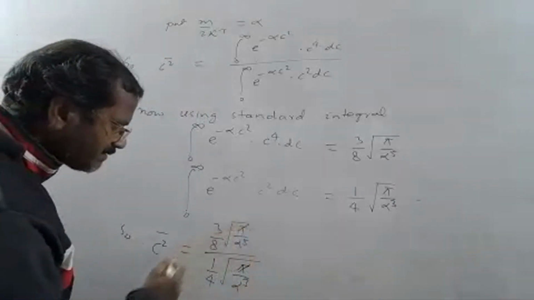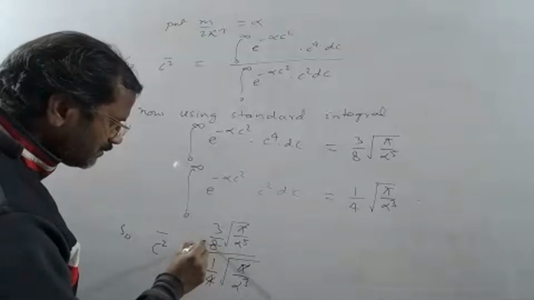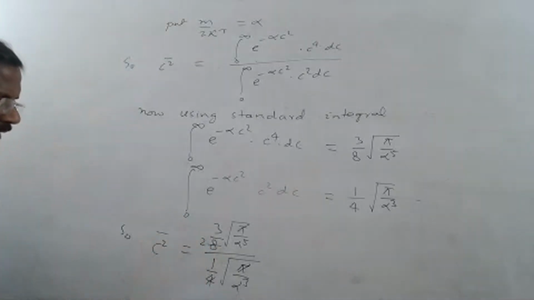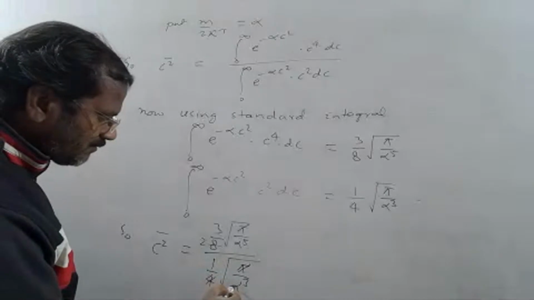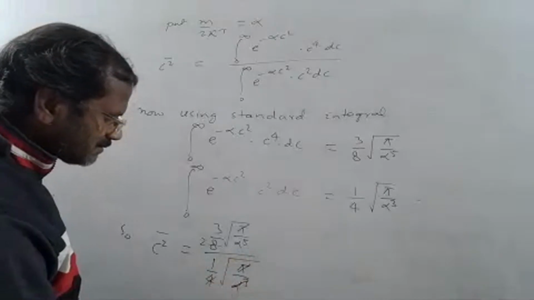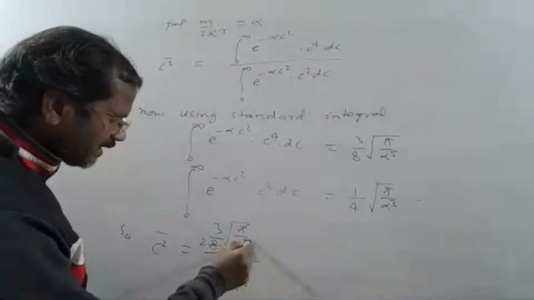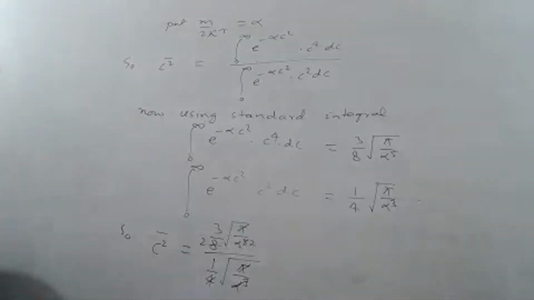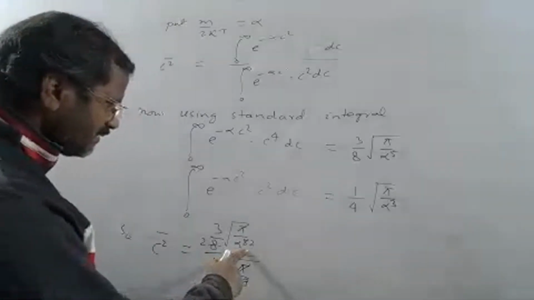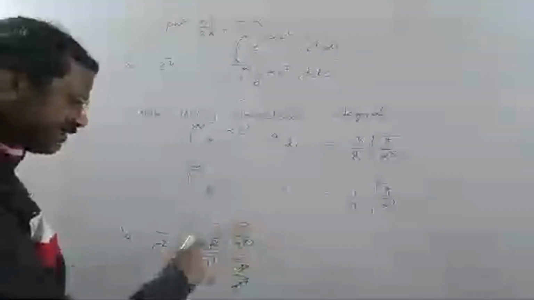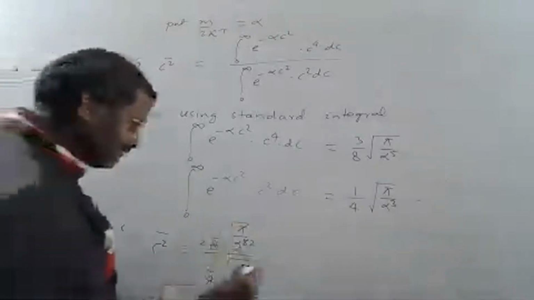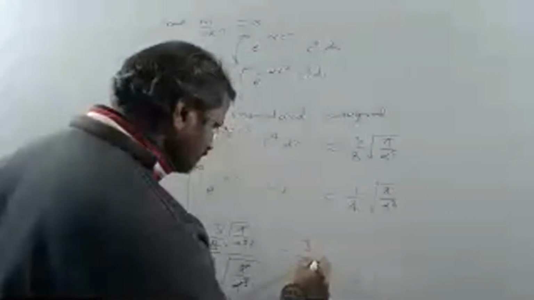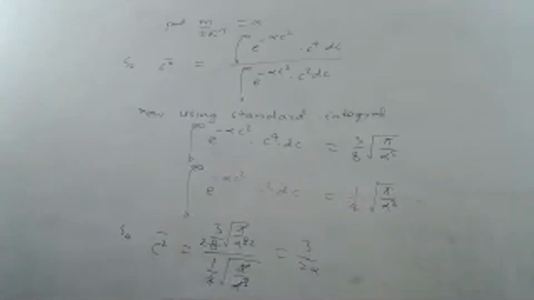So pi cancels out, and 4 by 8 gives us 3 by 2, and alpha to the power 5 over alpha to the power 3 gives alpha square, and taking it out of the square root we write 1 by alpha, then we can write 3 by 2 into 1 by alpha.